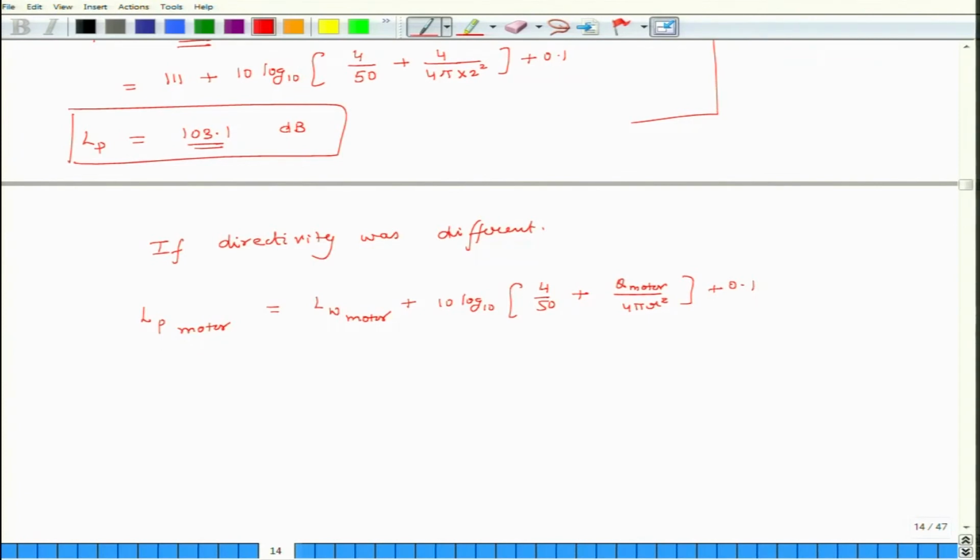This is one thing we will do. Then I will do the same thing for LP pump, equal to LW pump plus 10 log 10 of 4 by 50 plus Q pump by 4 pi r square.